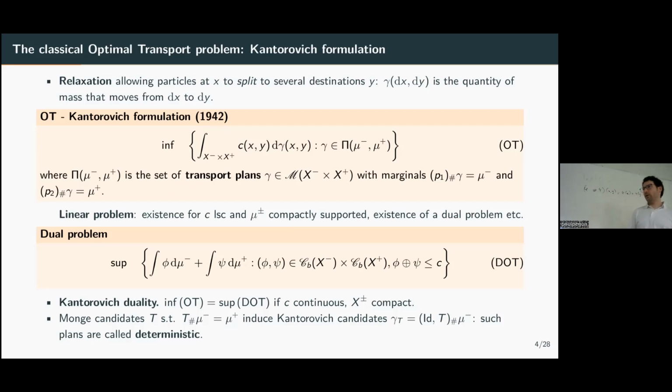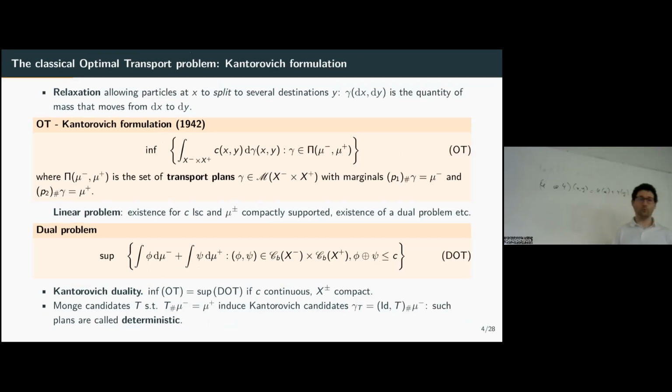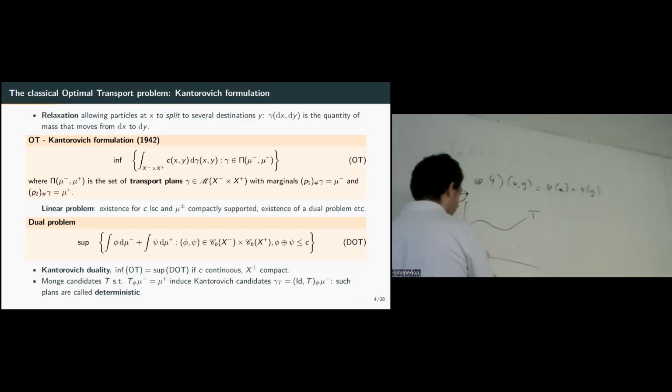Let me just say another thing, that it's really a relaxation of the original Monge problem that we have seen just before. Because if you have a Monge candidate, so a transport map from mu minus to mu plus, well, it induces a transport plan by this map. So you see here it's a graph map, and you push forward mu minus by the graph map. So it gives you a measure on the product space. And you have some measure here, distribution mu minus, and the measure gamma T here will be supported on the graph of this function.